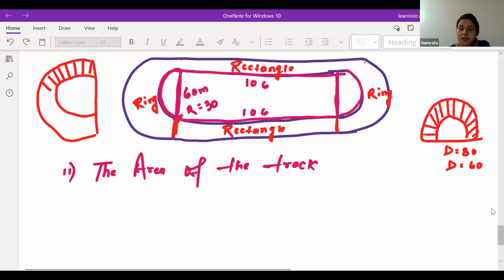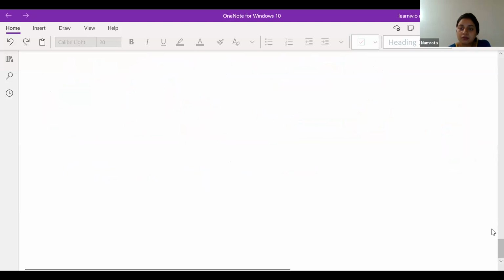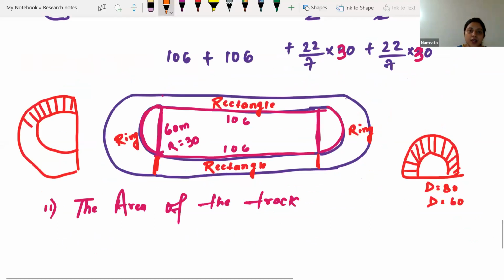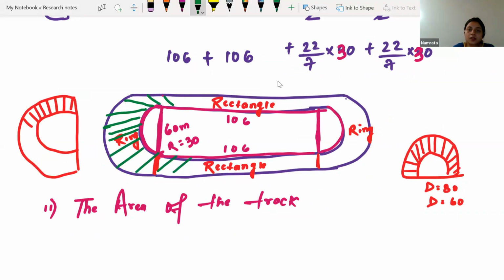Yes, Jaslyn, any idea? Ma'am, I don't know. Okay, so here this is the track. If I just shade the track, this is the track. We are supposed to find the area of this green one only, the total, not the middle part.